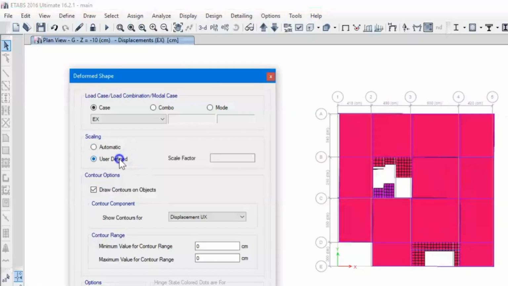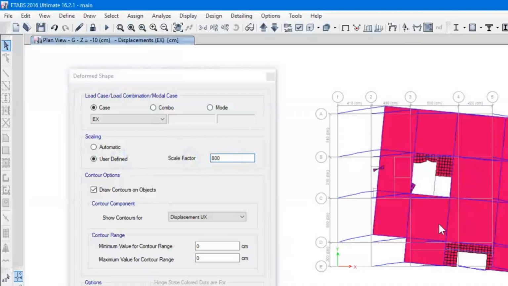That side is acting as the softer side of the structure. Meanwhile, the opposite side has smaller displacement and behaves as the stiffer side. If we can balance these displacements and make the structure deform more uniformly, we may reduce the torsional irregularity ratio from 1.26 to below 1.20.